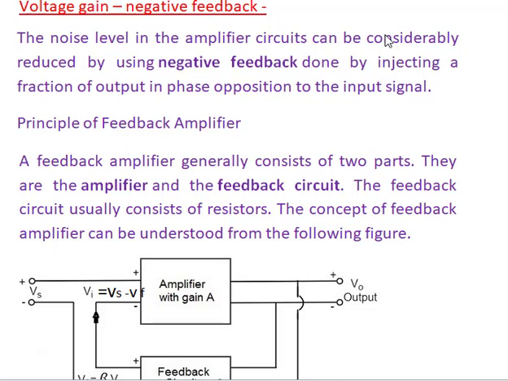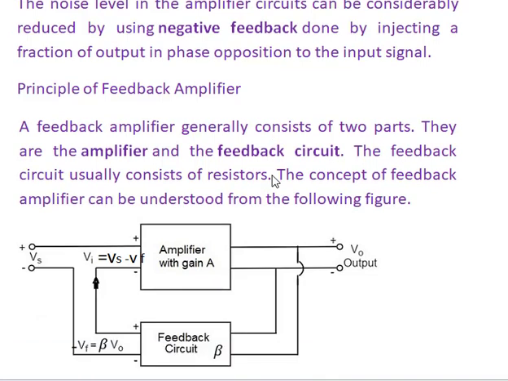Here, negative feedback is nothing but a fraction of the output given into the input. The negative feedback is done by injecting a fraction of the output in phase opposition to the input signal, with a negative sign.